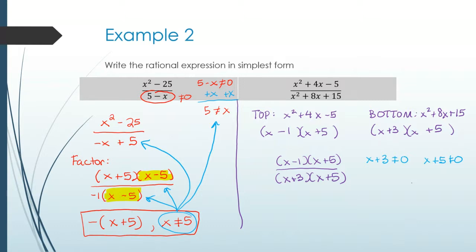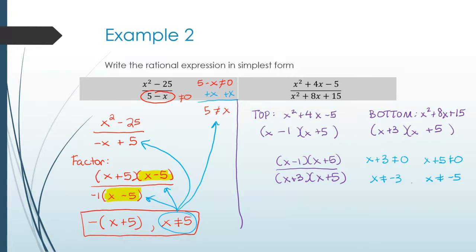For x plus 3, -3 plus 3 is 0, so that means x cannot equal -3. And for x plus 5, -5 plus 5 is 0, so that means x cannot equal -5. So for the original expression, we've got two numbers we're not allowed to have, or they make the denominator 0.